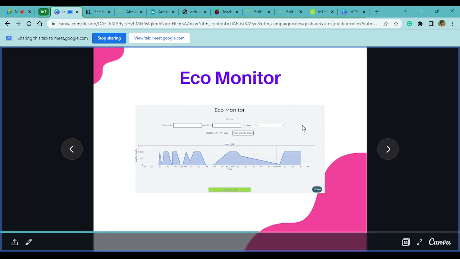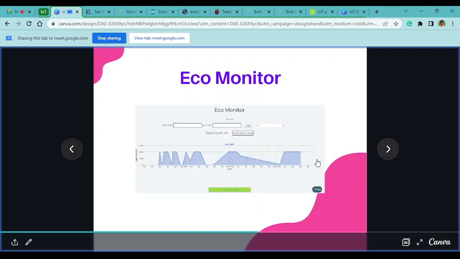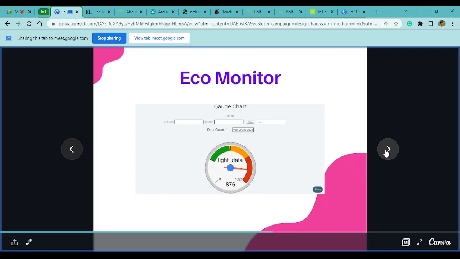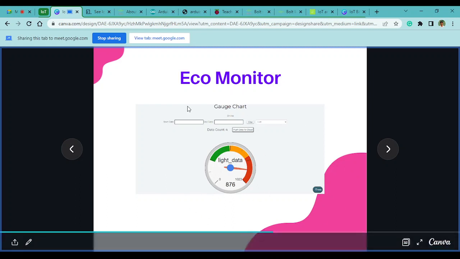And this was the hardware part, and this was the data analytics part, right? And this was another visualization. After collecting a lot of data, it was showing how much intensity there was for that particular day.